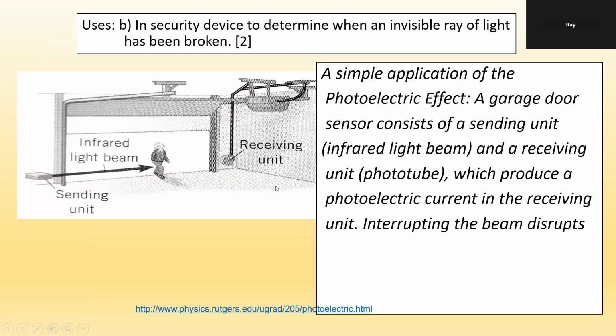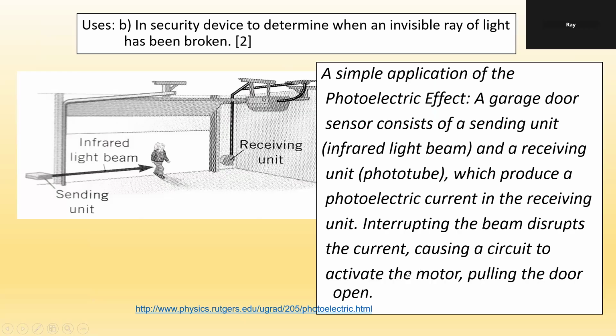When you interrupt it, no current will flow. Interrupting the current causes a circuit to activate the motor, pulling the door open. That's how the door opens for a person to enter, or an intruder coming in. It cuts off the infrared and tells the occupant on your CCTV that there is an intruder.